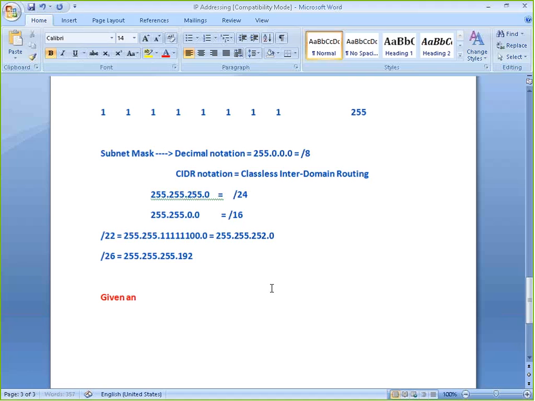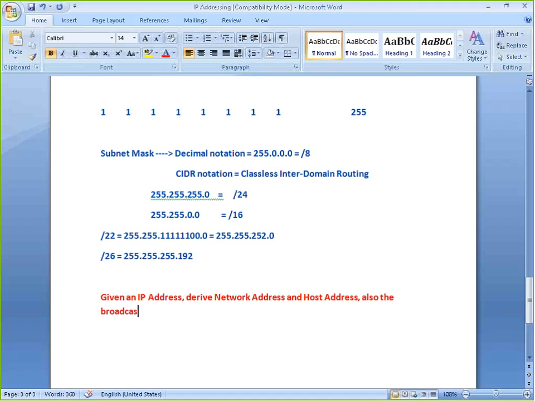Given an IP address, we are going to derive the network address and host address. That's what we are going to derive. Also the broadcast address.